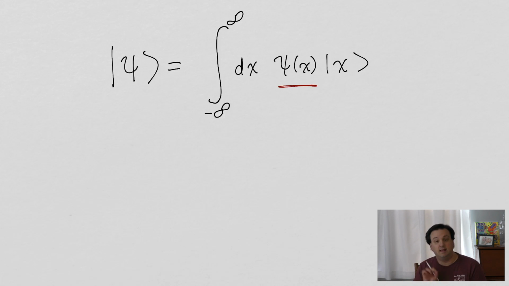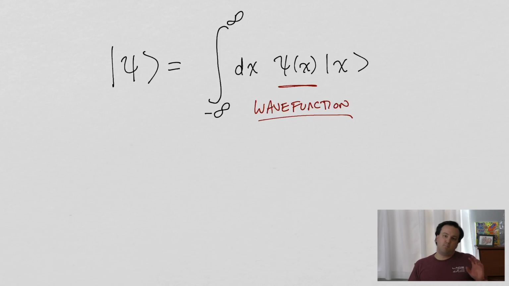It's a collection of probability amplitudes. It tells me what's the probability amplitude for being at any place x. And that's the thing that we call the wave function. And it's important not to use that word until now, because the wave function is a set of probability amplitudes. It's just a continuous set of probability amplitudes.